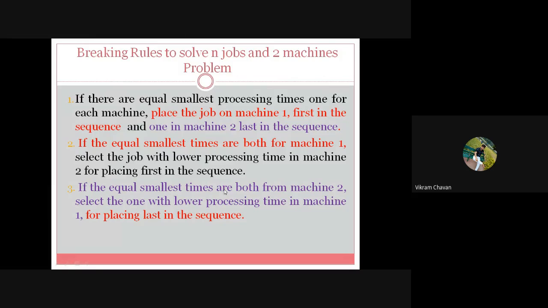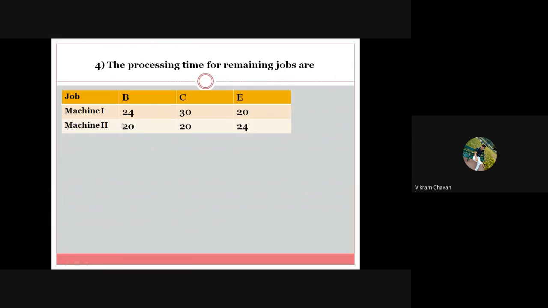Okay, if the equal smallest times are both from machine 2, select the one with a lower processing time in machine 1 for placing last in the sequence. Okay, so ह्या दोन जॉबचं ह्या सेकंड नंबर मशीन वरती टायमिंग सेम मिळालेला आहे आणि ते लोएस्ट आहे.